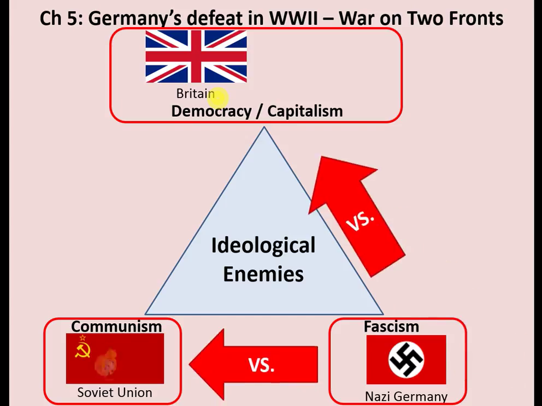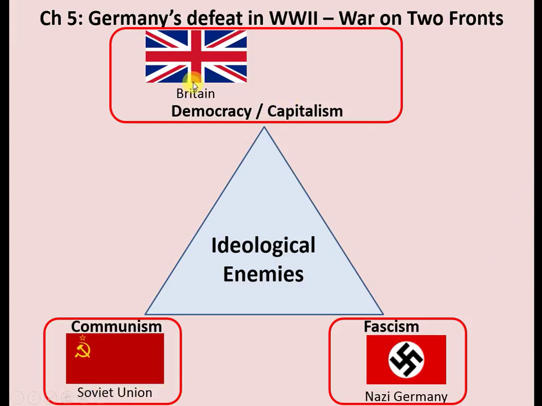They broke the pact and attacked the Soviet Union as well, and of course the Soviet Union was not very happy about that. At the same time, they were continuing to deal with Britain, even though by this time they did not do so much to Britain. They were more concerned about dealing with the Soviet Union after they betrayed the alliance.